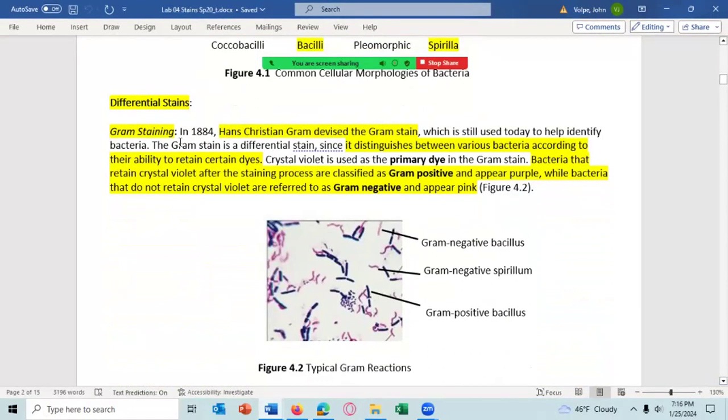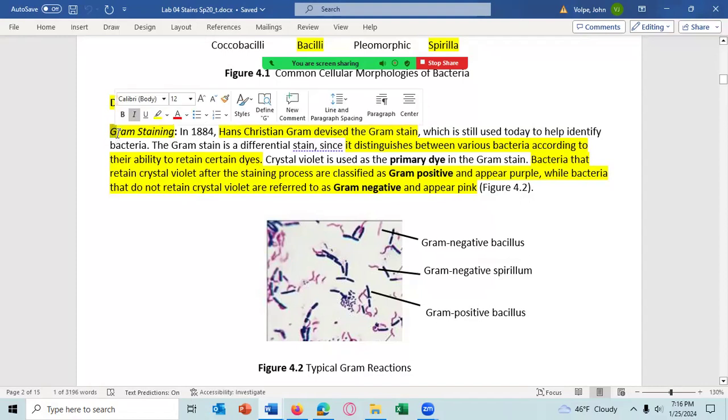You do not need to know the year he invented it, but you should know that it was Dr. Gram, Hans Christian Gram, who did invent it. And whenever we spell the Gram stain, that should be a capital G, because the stain is named after Dr. Gram, and we always capitalize a person's name.